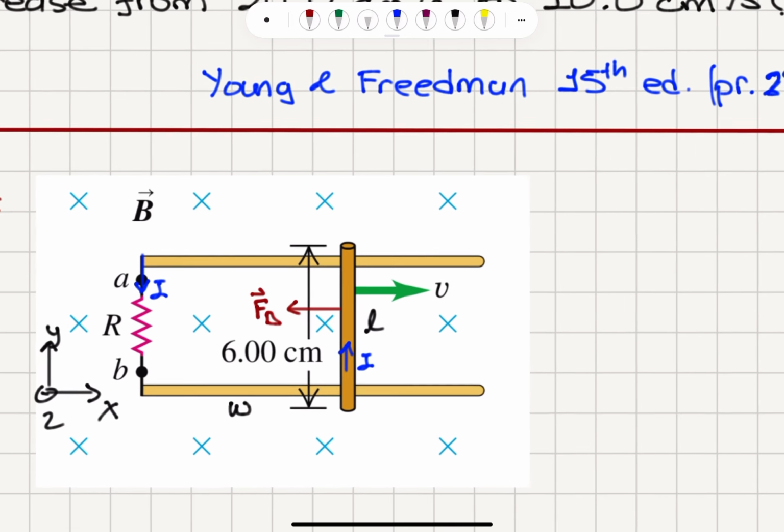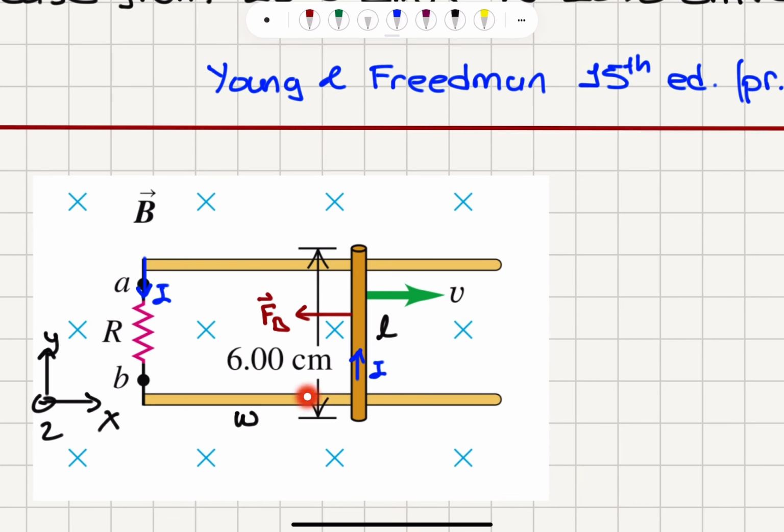Okay, so we have this bar moving on these two parallel, frictionless rails. Now you can see that as this bar moves to the right, the flux in this conducting loop is increasing. So there must be an induced current that opposes this increasing flux. That means it has to be creating a magnetic field inside the loop out of the page.